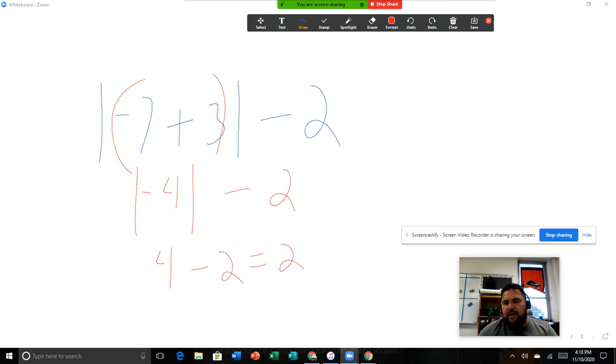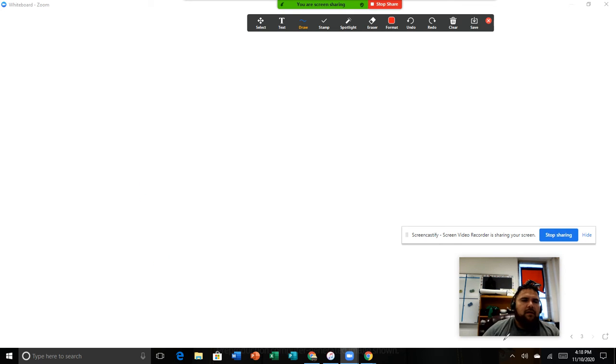One more example for evaluating. Let's say I have -2 times the absolute value of 3 minus 4, minus 6. Again, when I have this situation, we want to do the inside first before we do anything. 3 minus 4 is -1.